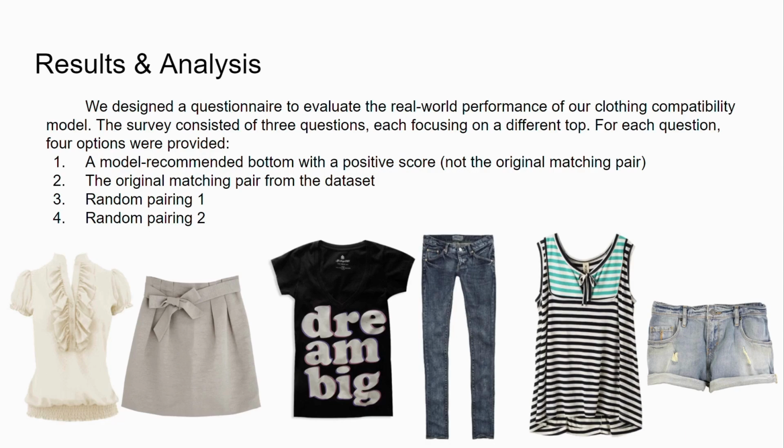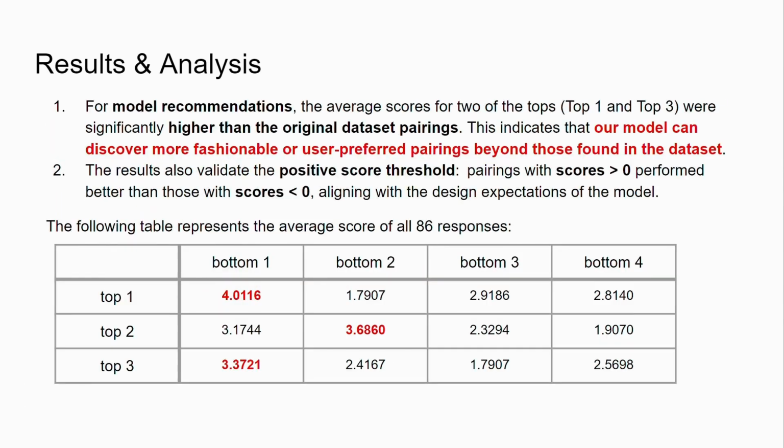Let's take a look at the results. There are 2 key points I'd like to highlight. First, our data shows that the model's recommendations generally scored higher than the random combinations, and in many cases, they even outperformed the original pairs from the training dataset. For example, Top 1 and Top 3 are great examples of this. This suggests that our model can discover some more appealing pairs that users might prefer.